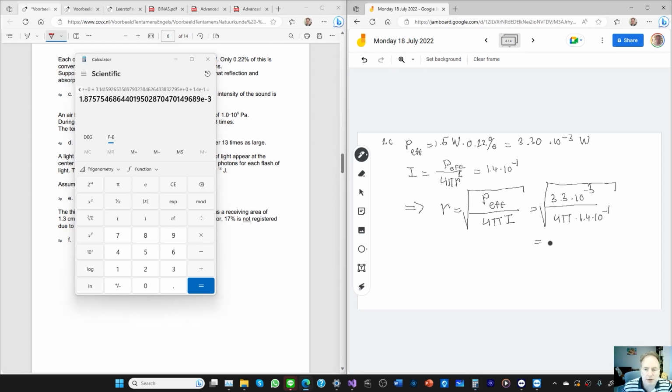That equals, oh, I should take the square root. 4.3, keeping two significant digits, times 10 to the power minus 1 meter.